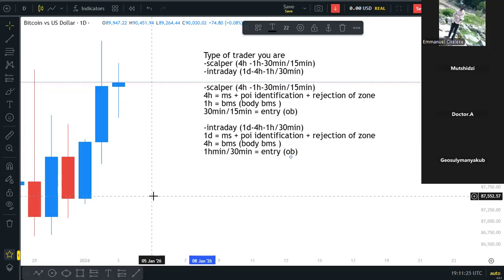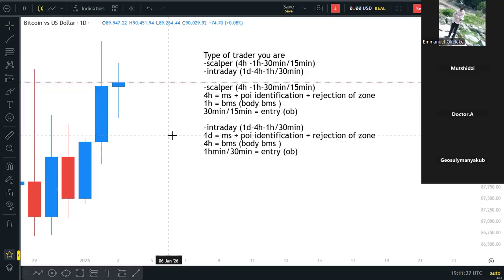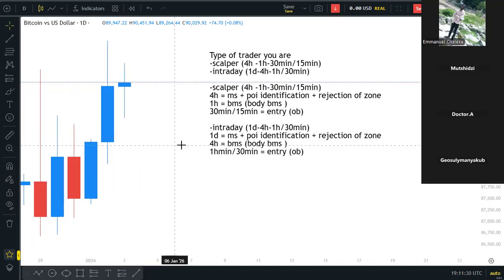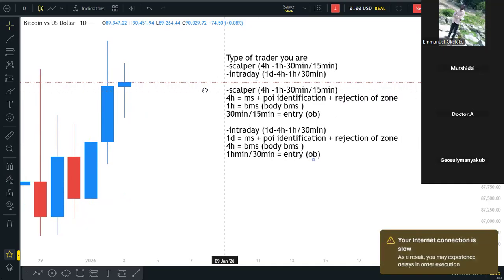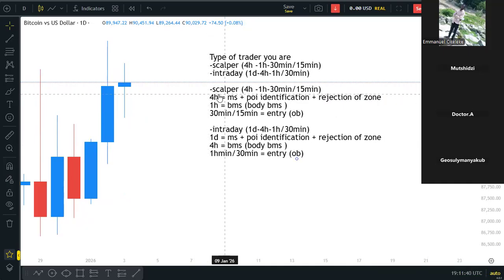So let's take the scalping into consideration. Our first time frame of operation is the 4 hour. So let's see.